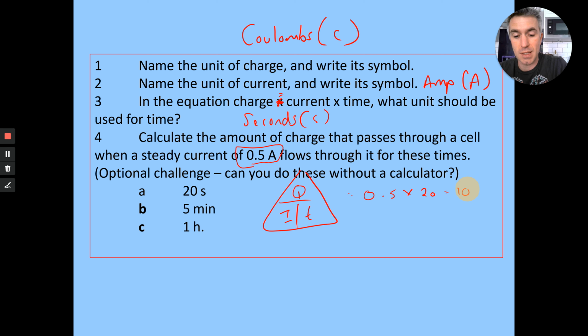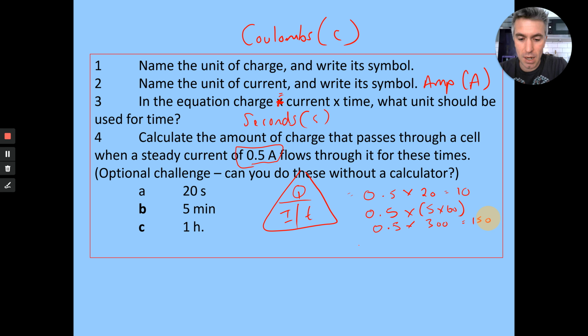The second one is 0.5 times, now this one is 5 times 60. So that's the same as 0.5 times 300, which is 150.